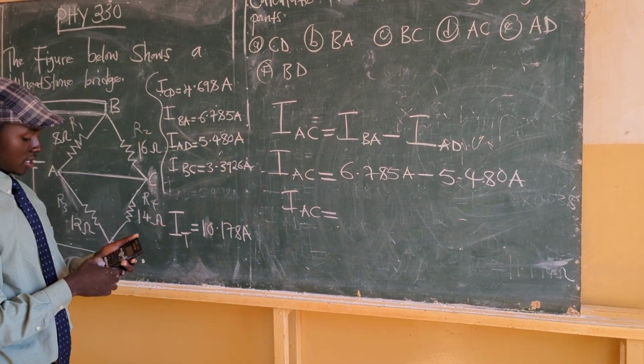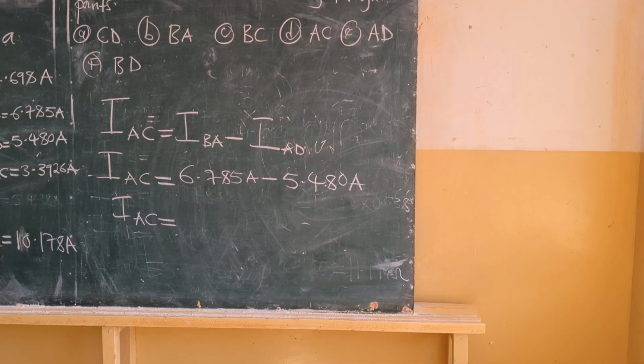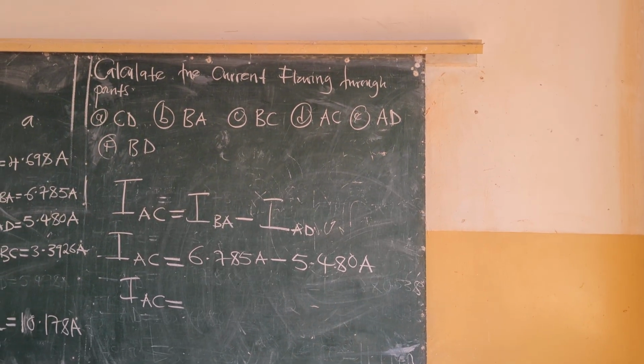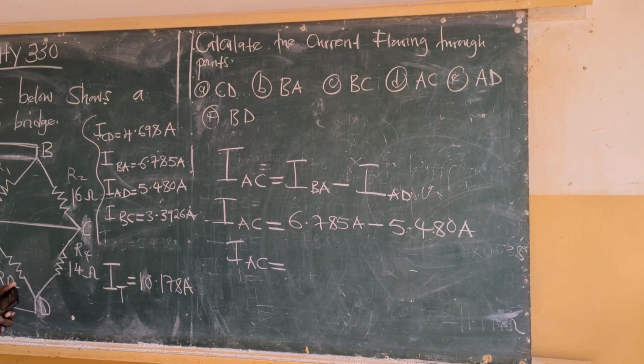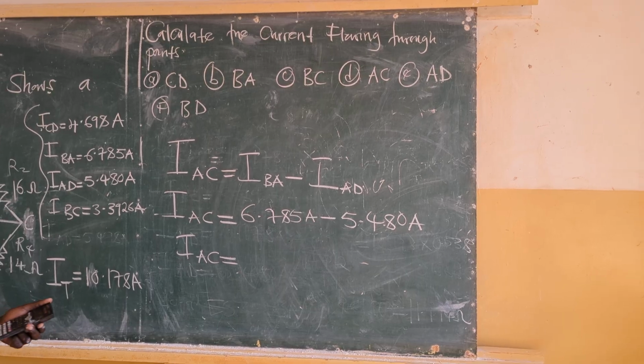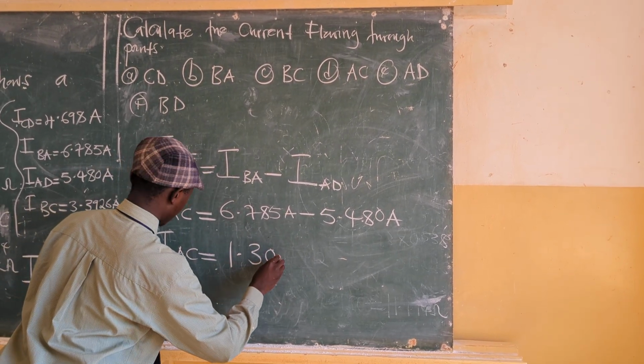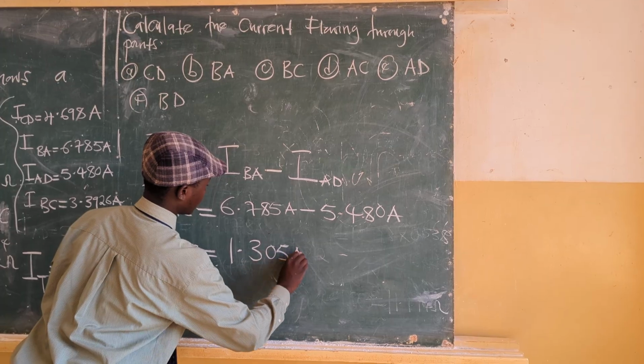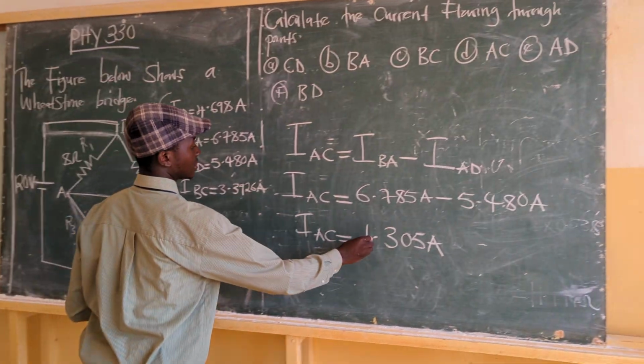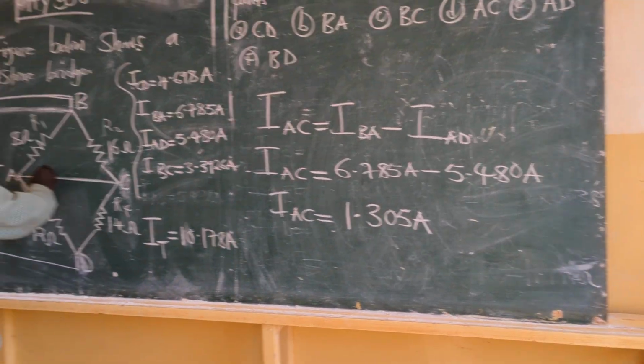So we subtract 6.785 minus 5.480. This gives us 1.305 amps. This is the current flowing at this branch AC.